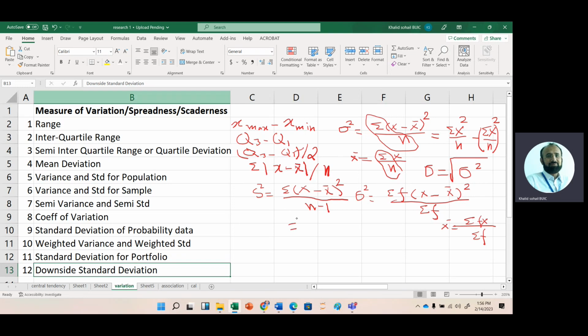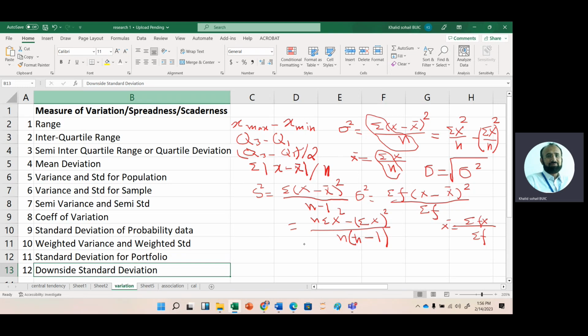Now for the computational formula, we have n summation x square minus (summation x) whole square, divided by n into (n minus 1).